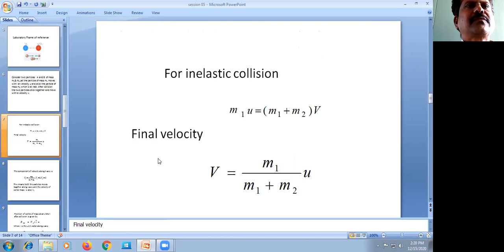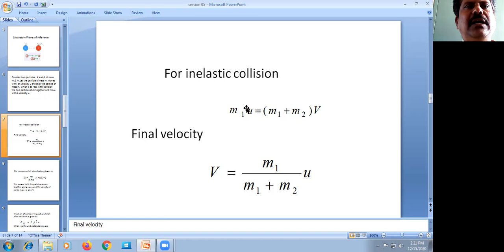Now we want to apply the law of conservation of linear momentum to this event. So we write m1 u equals (m1 plus m2) into v. It means the total linear momentum before collision equals that after collision.